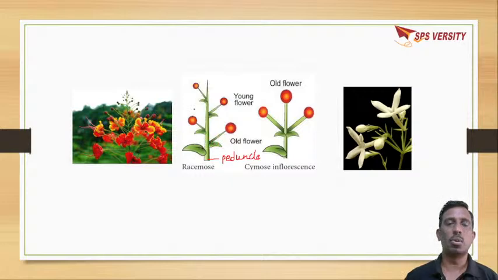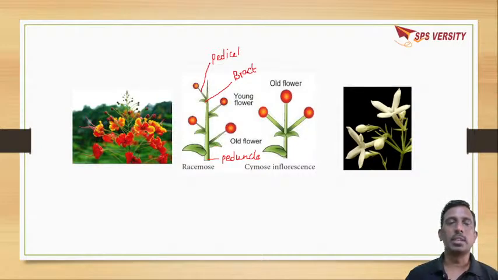These are called bracts. In the axil of the bract a flower arises. So this is a flower. The stalk of the flower is called pedicel. Stalk of the flower को क्या बोलते हैं कि pedicel.